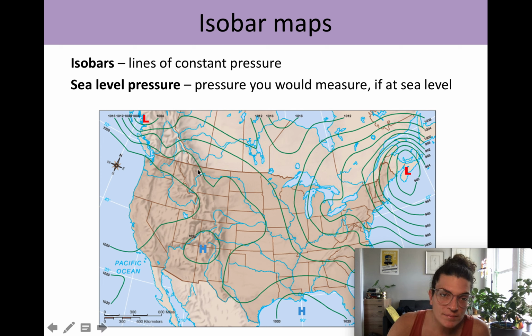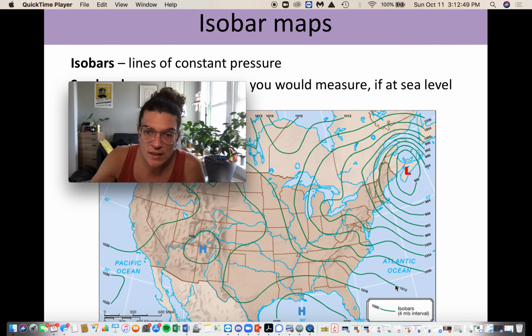This line, 1020, these are all 1020. Okay, so where's the 1018 line? Oh my god, I'm in the way. So this 1016 line means that the air pressure in this region from the 1020 line to the 1016 line is anywhere between 1016 millibars and 1020 millibars.